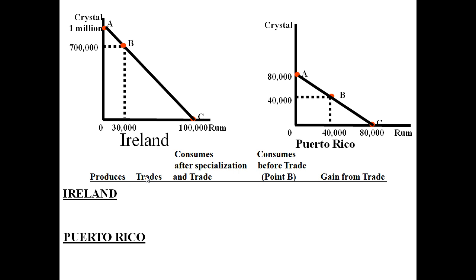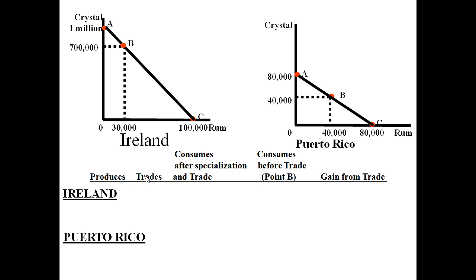Now, before we get into that, in this scenario we're going to be trading 175,000 crystal for 35,000 rum. So that is a 5-to-1 margin, crystal to rum. So the trade between Ireland and Puerto Rico is going to be at that 5-to-1 margin.